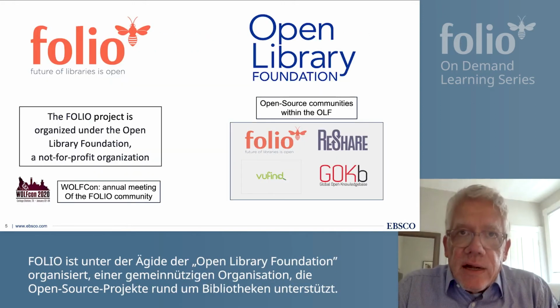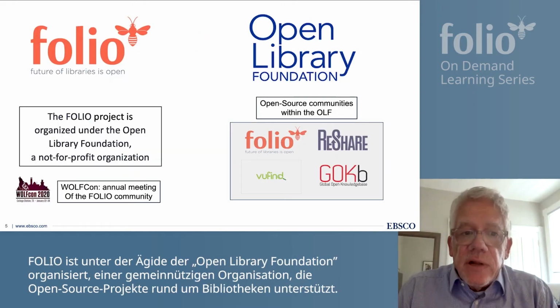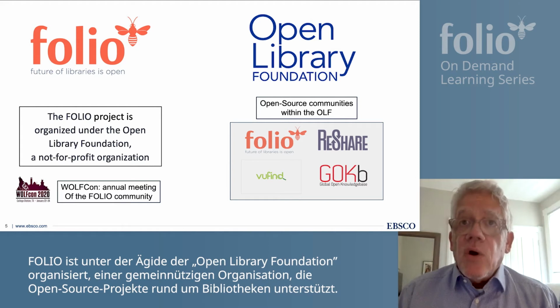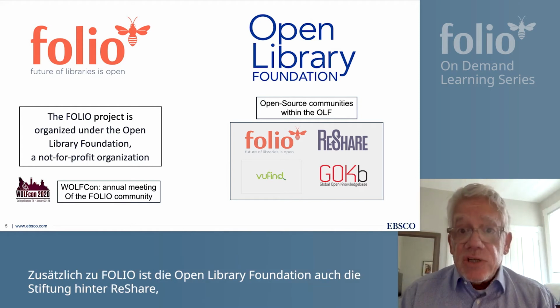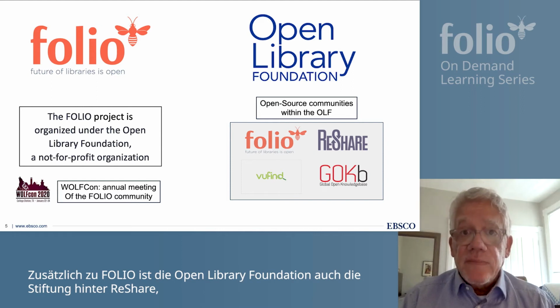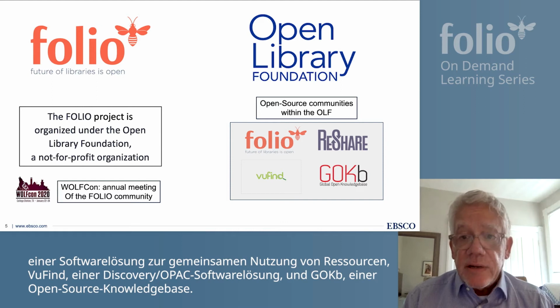Folio is organized and lives under the Open Library Foundation, which is a not-for-profit foundation that supports open source projects in the library space. So in addition to Folio, the Open Library Foundation is the home for Reshare, which is a resource sharing solution, ViewFind, which is a discovery/public catalog software solution, and GoKB, which is an open source knowledge base.